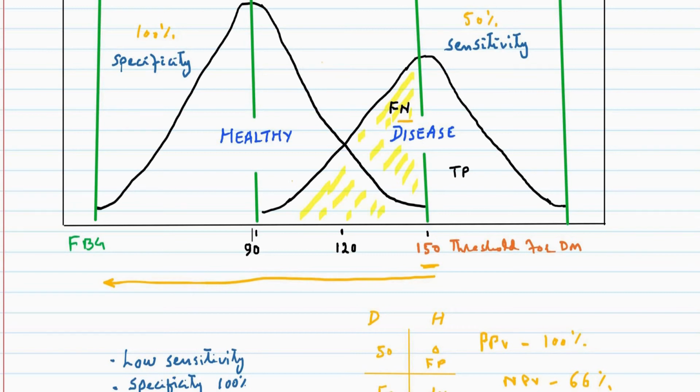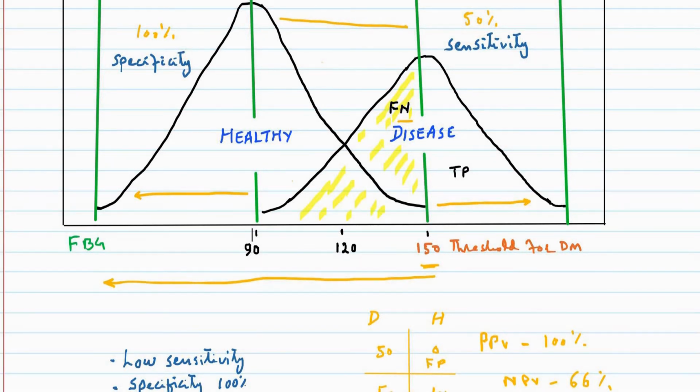Now we can see other threshold points. Above 150 milligram per deciliter, all the test results are true positive, and below certain points, all the results are true negative. Then we have a range in which we find results that can be found in both people who are healthy and people who have disease.